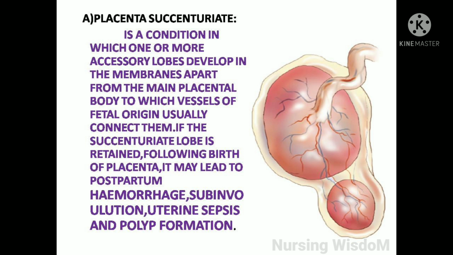Placenta succenturiate. It is a condition in which one or more accessory lobes develop in the membranes apart from the main placental body, to which vessels of fetal origin usually connect them. If the succenturiate lobe is retained following birth of placenta, it may lead to postpartum hemorrhage, subinvolution, uterine sepsis and polyp formation.